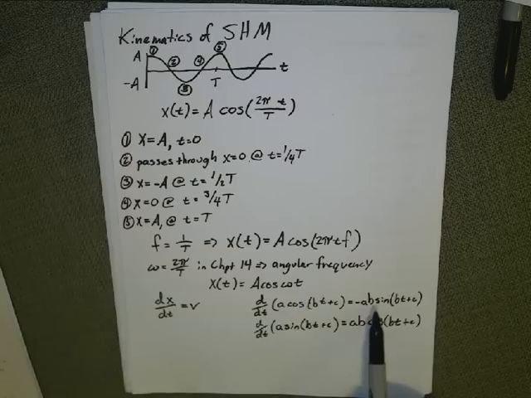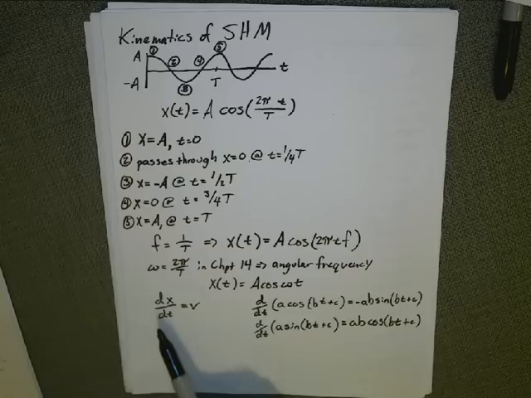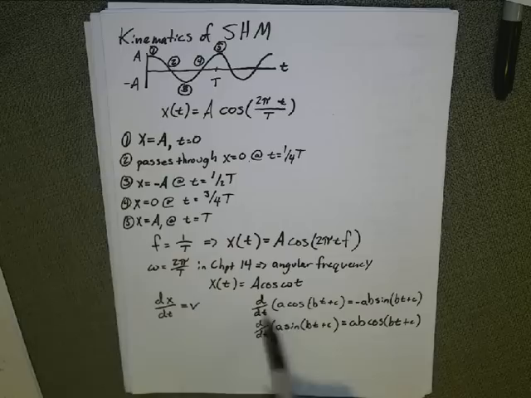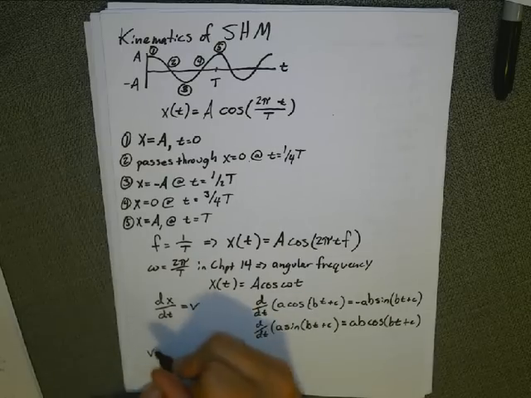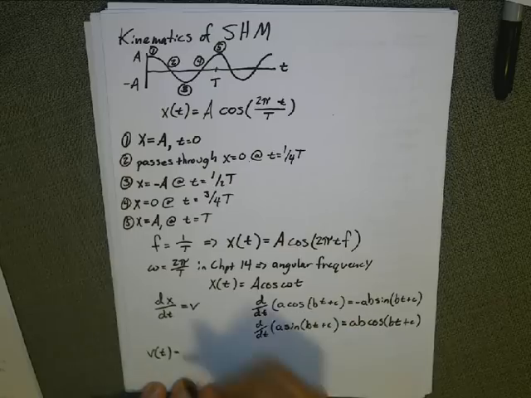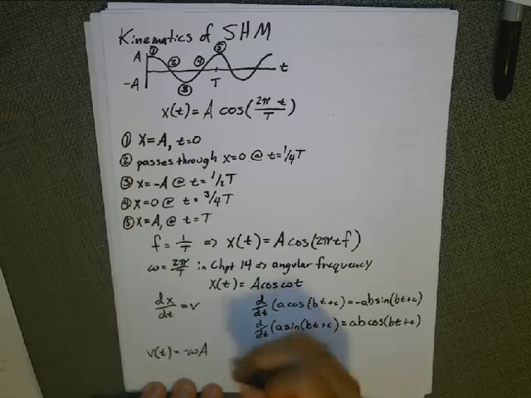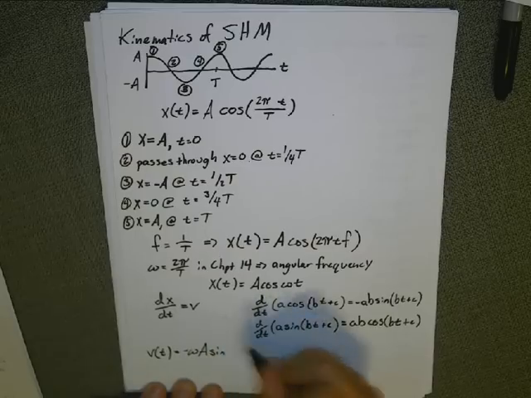So if we take the derivative of our x equation using this, we get v of t equal to negative omega A sine omega t.